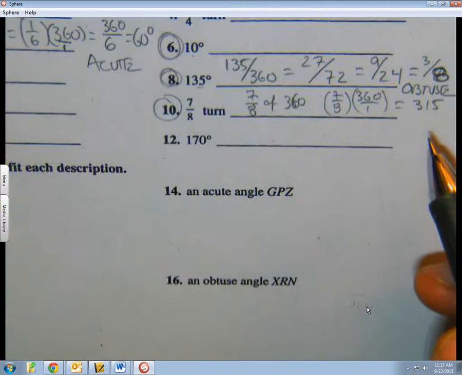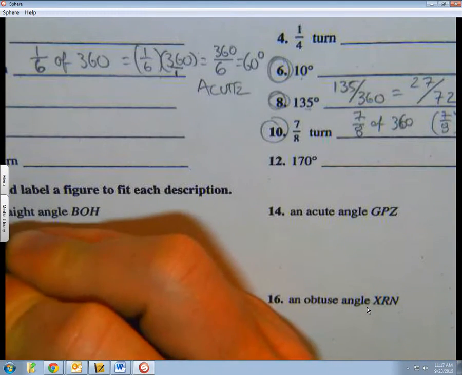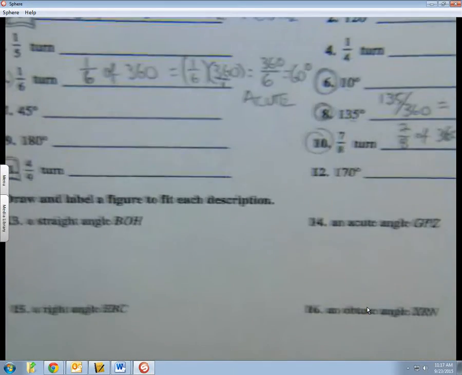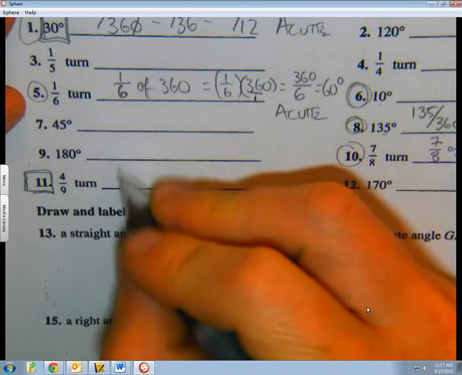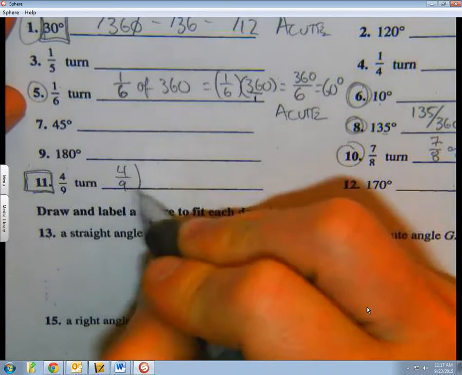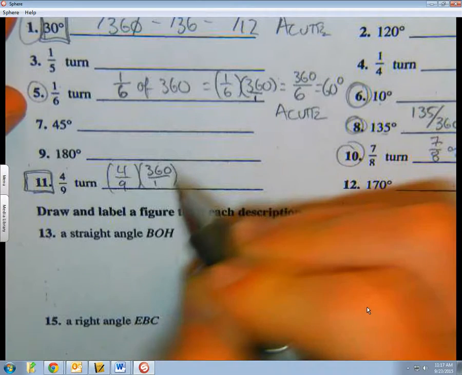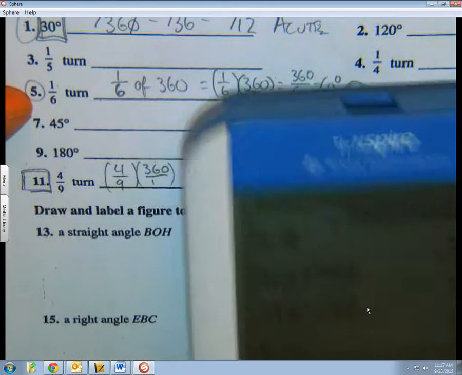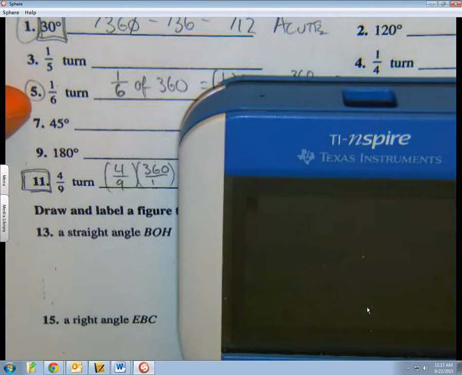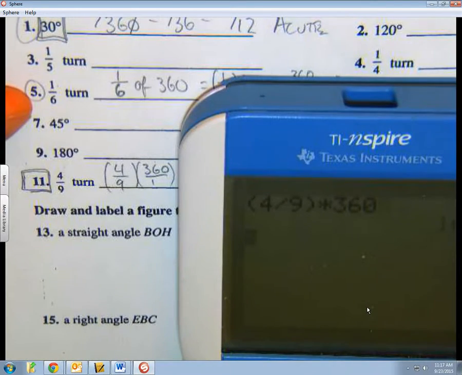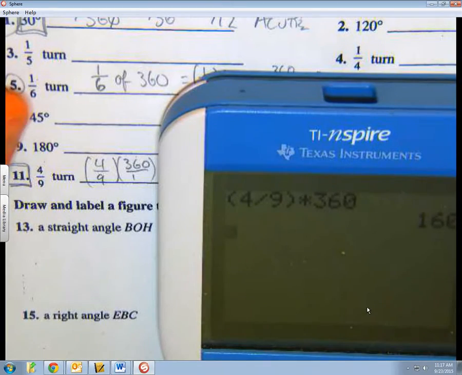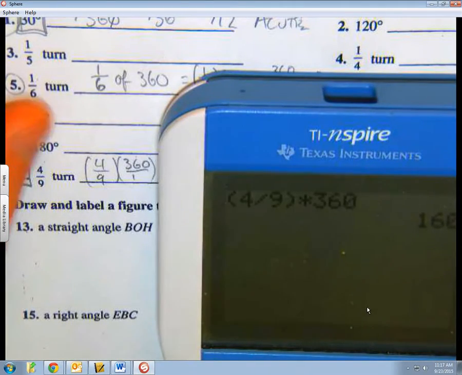But let's look at like 4/9 then. Okay. So again, process 4 over 9 times 360 over 1. And again, I defer to the calculator. And I get 160. Excuse me.